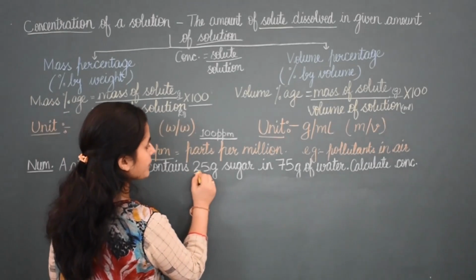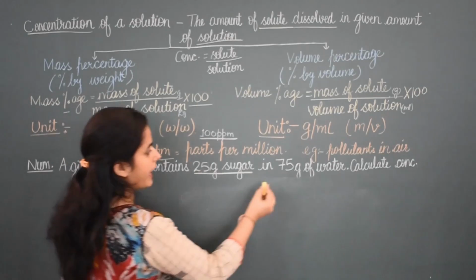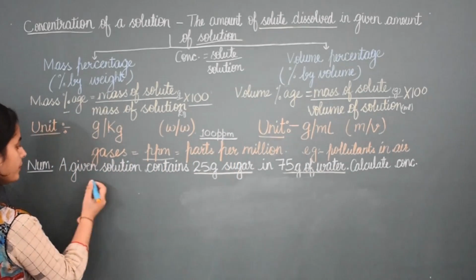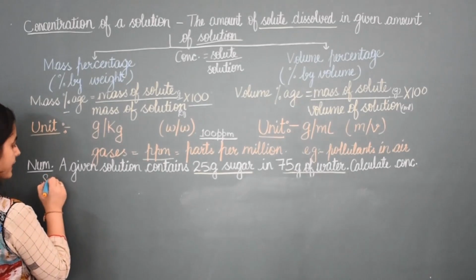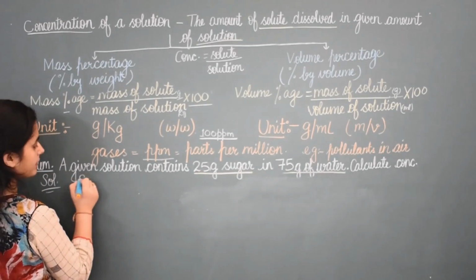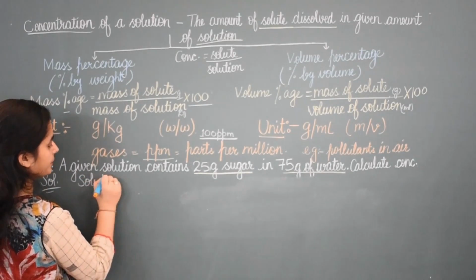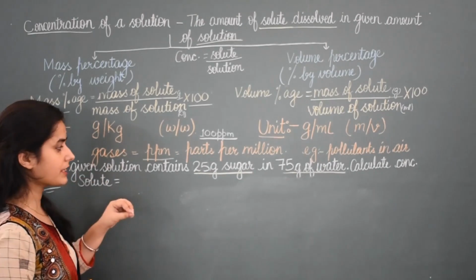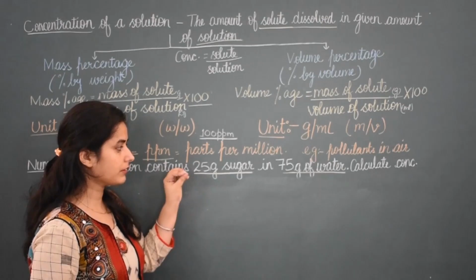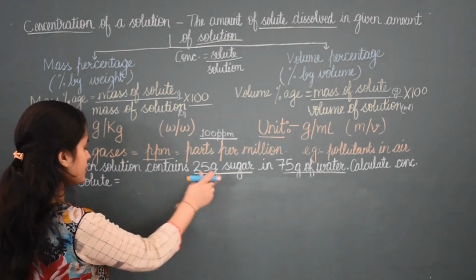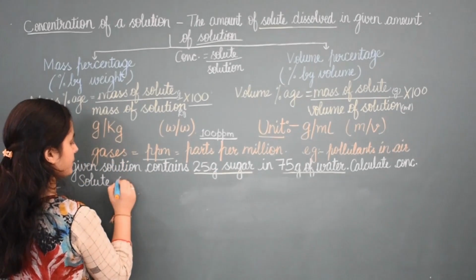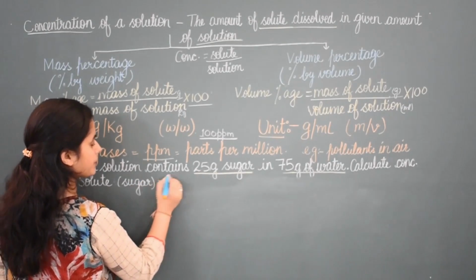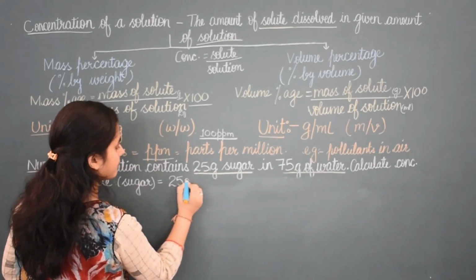Here it is given 25 gram sugar and 75 gram of water. When we write the solution, first is solute. Solute means the thing which is present in less quantity and we have to dissolve it in another thing. So this is sugar here, and that is 25 gram.